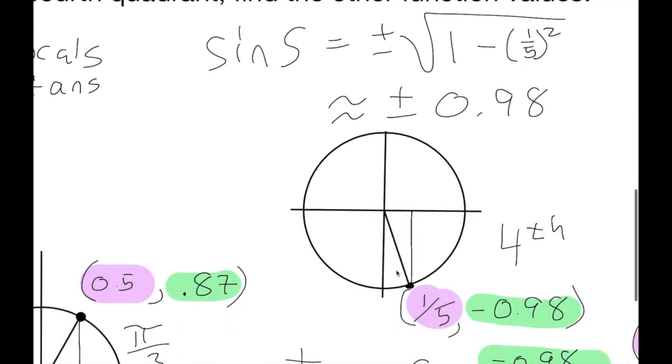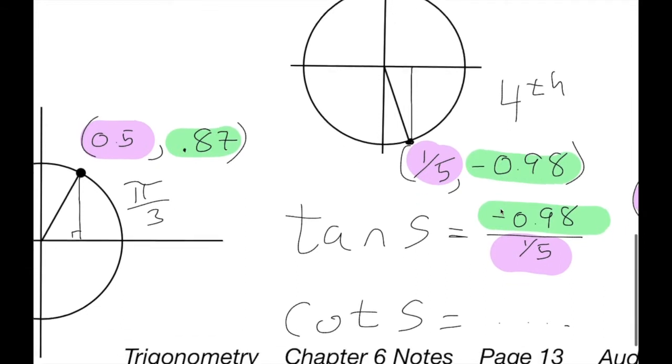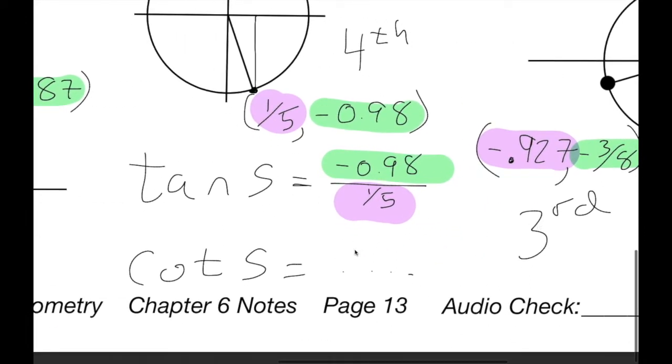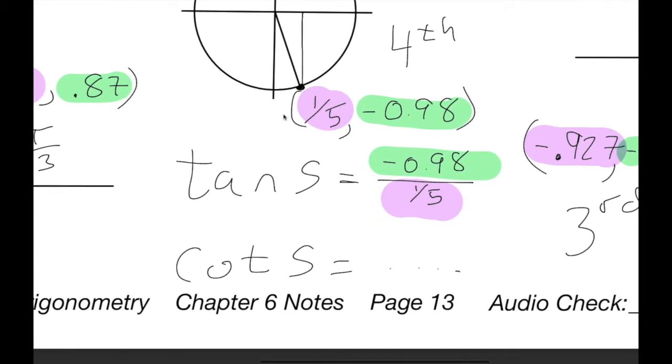So 1/5 comma plus 0.98 would be this one right there, and then 1/5 comma negative 0.98 is down here, and they want it in the 4th quadrant. So that's the answer that they want, not the other one. Now that we have the u coordinate and the v coordinate, we can divide the two and get the tangent and cotangent and all of those. It just keeps on going from there. Once we know exactly where it is on the unit circle, then we do all the rest.